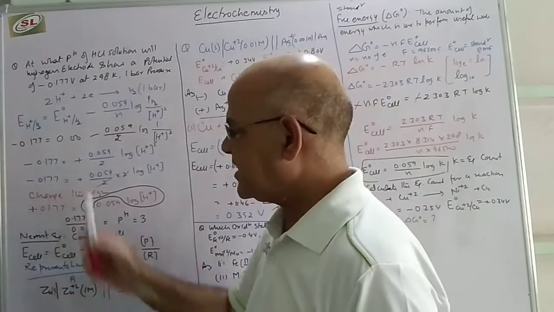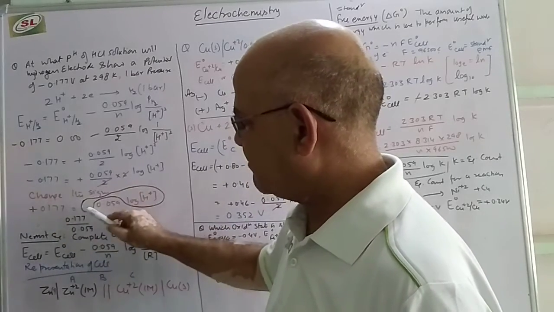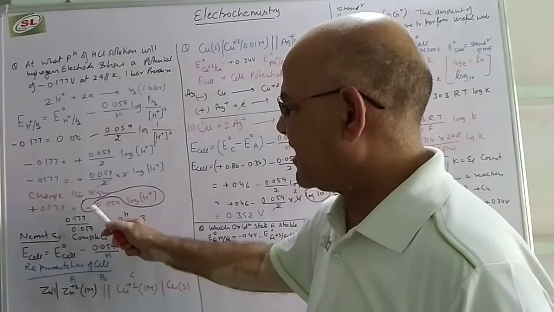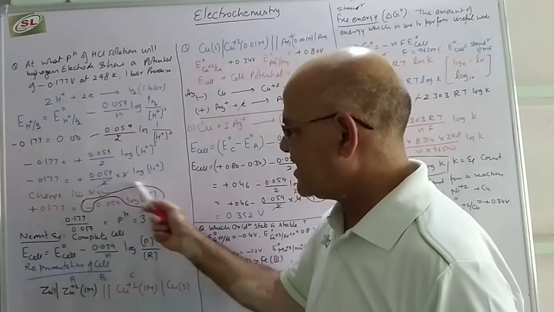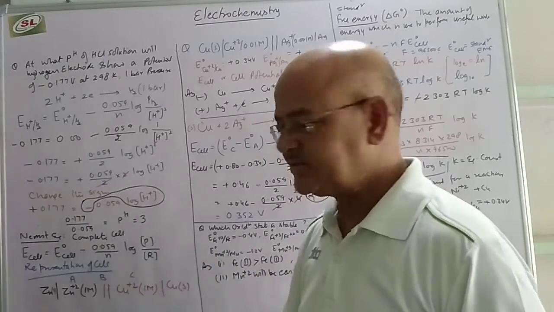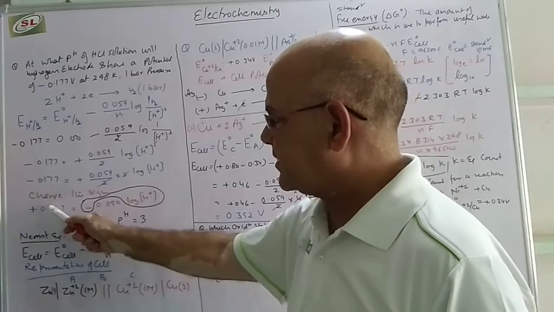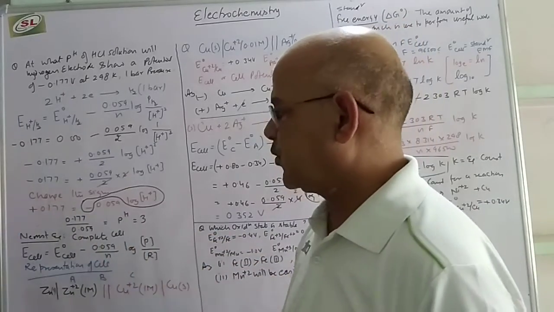Now we will change the sign: minus will become plus, plus will become minus, and we get minus 0.059 log H+. This minus of log of H+ will be pH, and we can write pH = 0.177 upon 0.059, which is equal to 3.